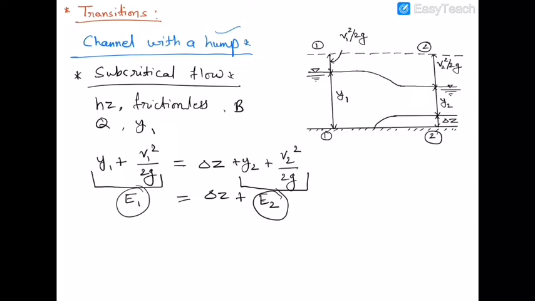At section 1, this is the bottom of the channel, and at section number 2, if we consider this level and find the total energy, then the resulting energy is defined as specific energy. So the specific energy at section 2 is y2 plus v2 square upon 2g.